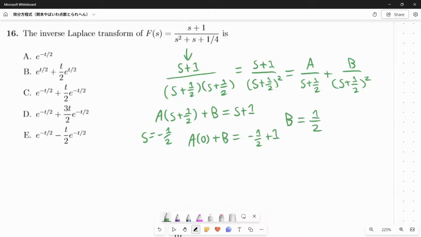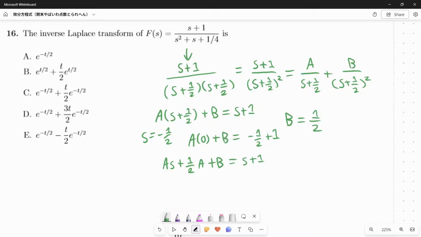And then if you can't set up a test value, the next thing you can do is distribute out this expression. So I can distribute and end up with As plus 1/2 A plus B is equal to s plus 1, and then set up a couple of equations that relate like terms. By like terms, I mean we have an As here and we have an s here, so those would be like terms.